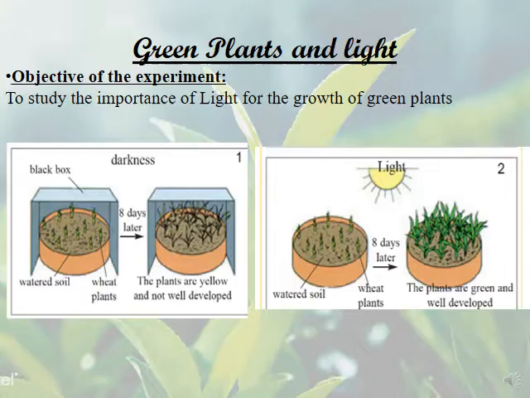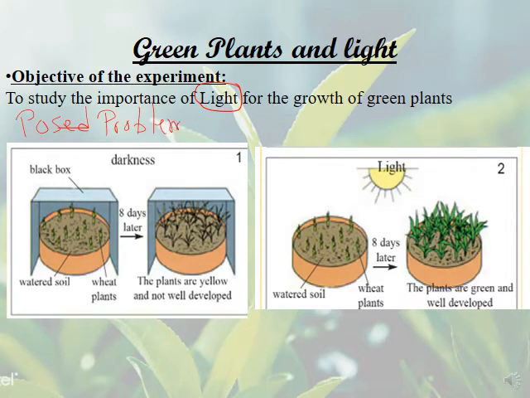Now, let's move to the new ideas for this session. Green plants and light. So what is the objective of this experiment? It is to study the importance of light for the growth of the green plant. If you want to move to the posed problem, that should be in the form of a question.